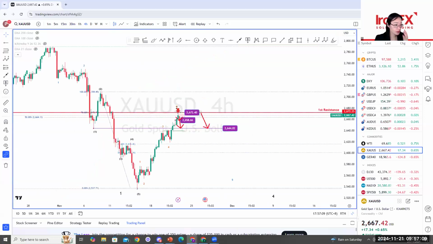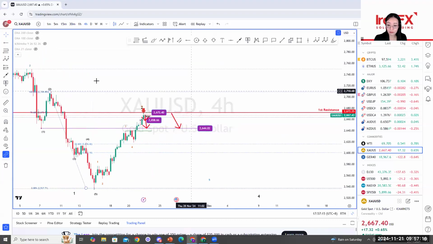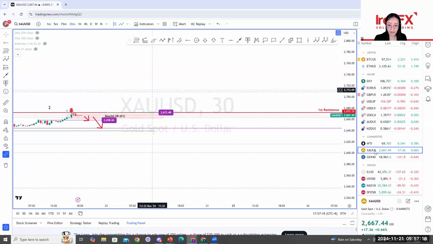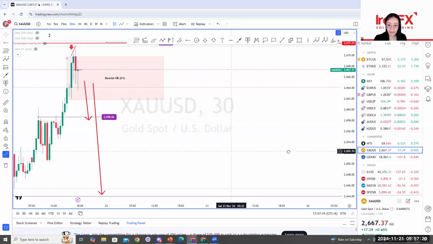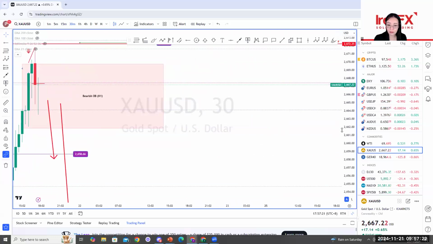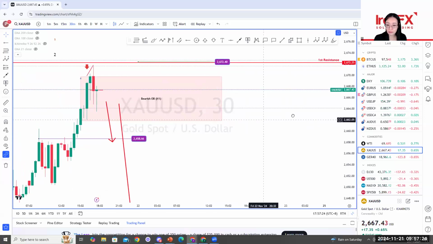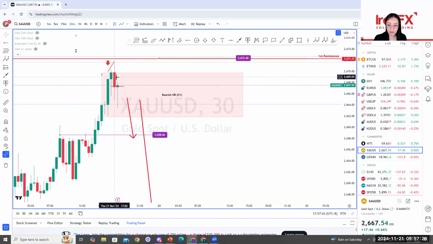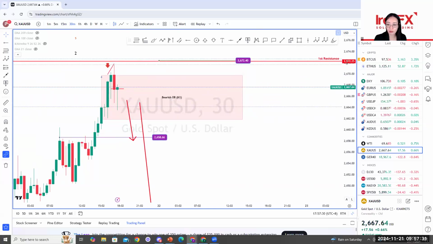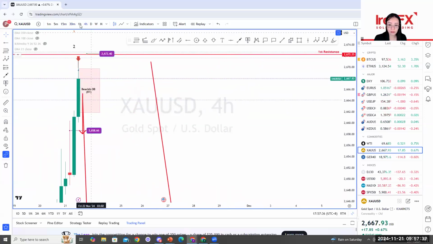Okay, before I end the webinar, it seems like they are going back up again, right? In H1 time frame, okay, only like M30 anyway in gap, but you can see there is a lot of buying pressure here. So price might go all the way up to the 2672 again right there. Okay, so you can see H1.